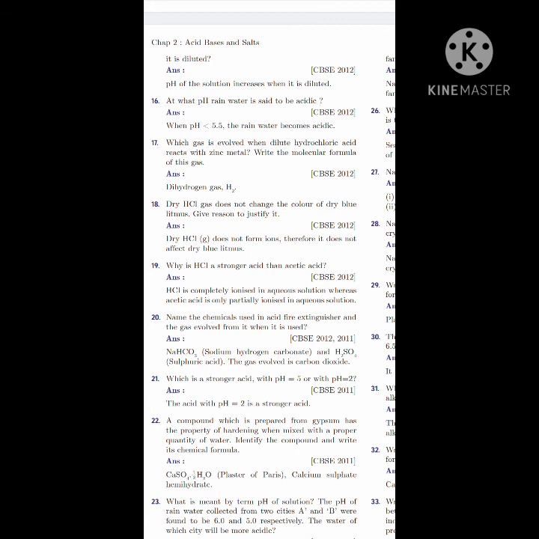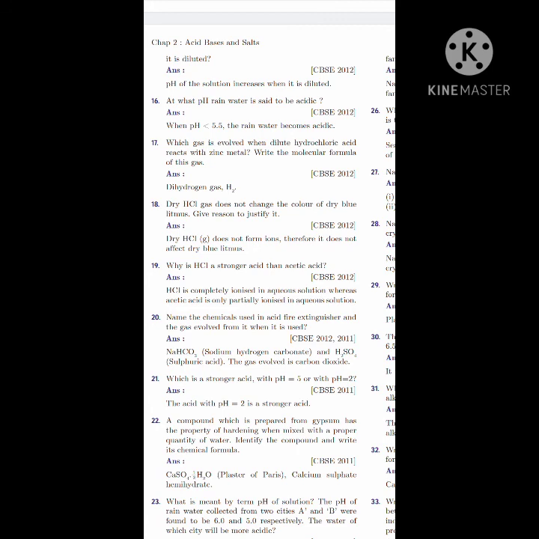And why is HCl a stronger acid than acetic acid? HCl is completely ionized in aqueous solution, whereas acetic acid is only partially ionized in aqueous solution.